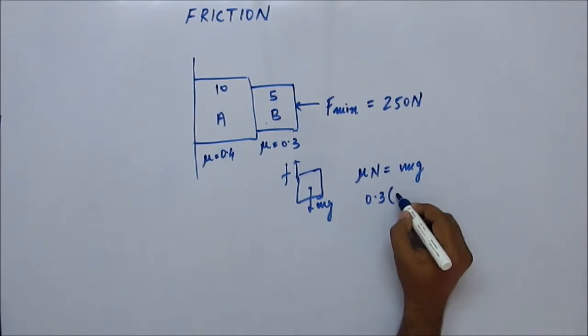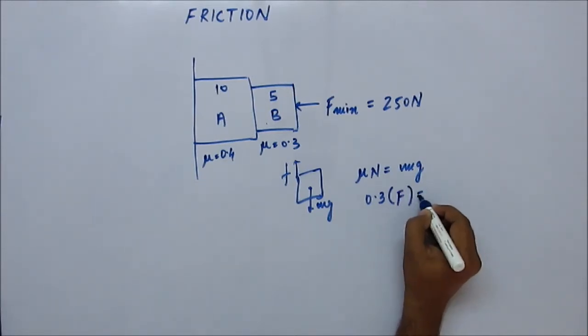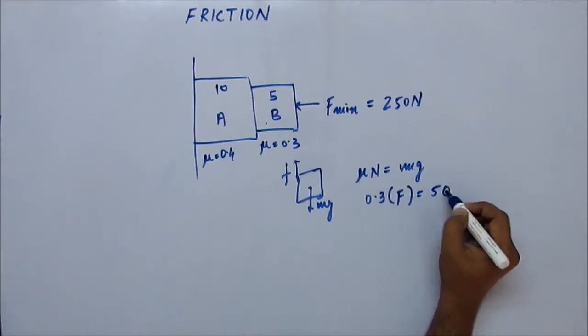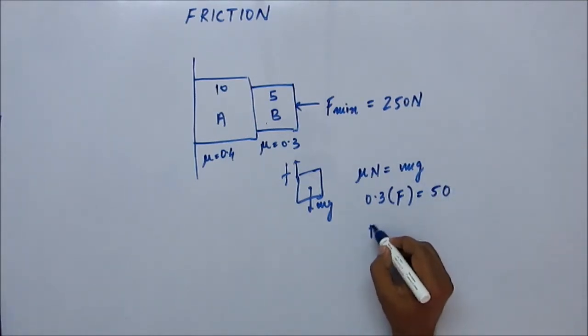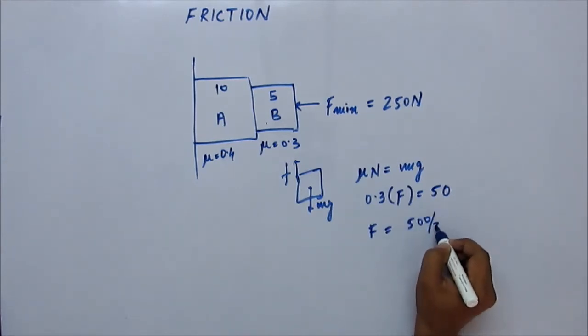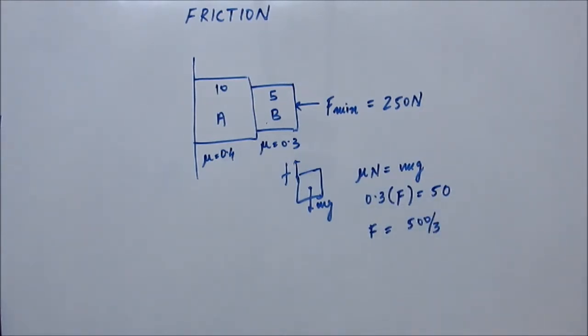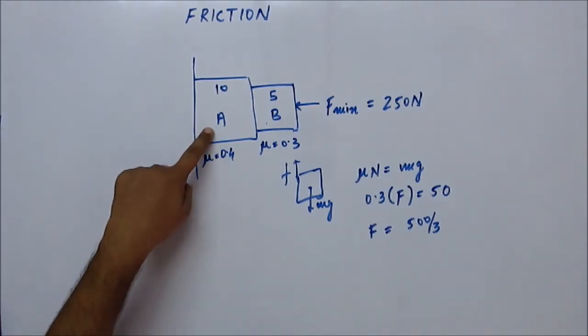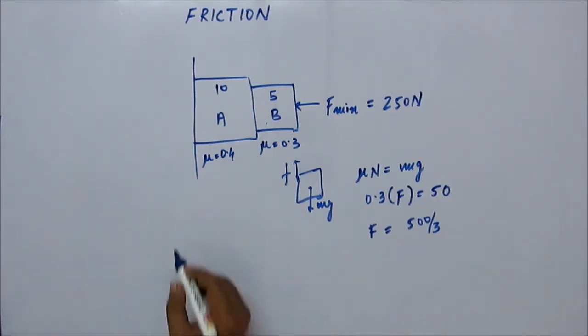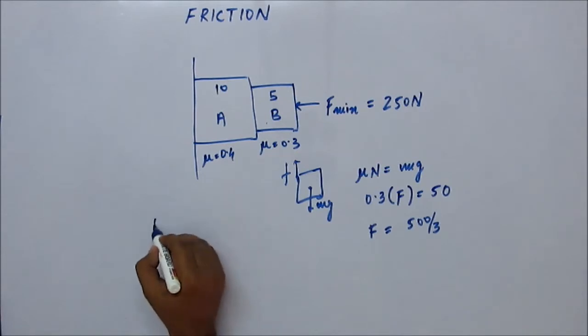So let's suppose the force is F. That should be equal to mg, which is 50. So this comes out as F is equal to 500 upon 3, 166.7 Newton.